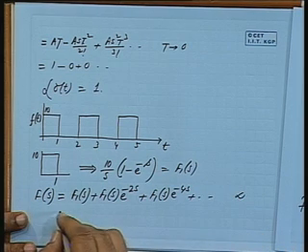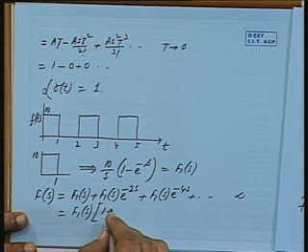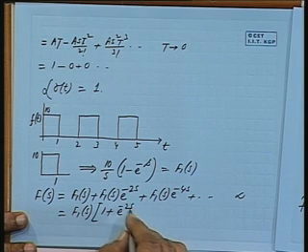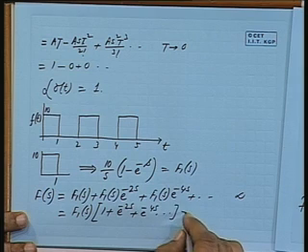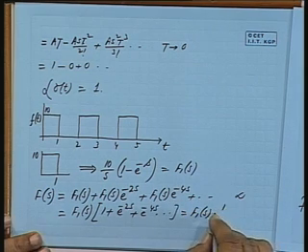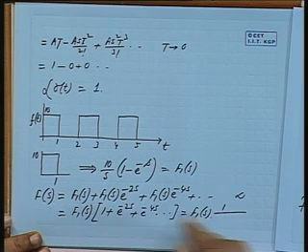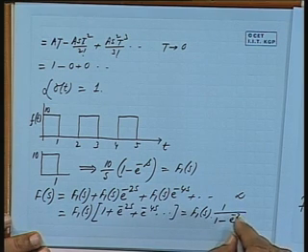Okay. So, if I take F1(s) common, it will be 1 plus e to the power minus 2 s plus e to the power minus 4 s and so on, which means F1(s) into, it is a geometric series, common ratio is e to the power minus 2 s. So, 1 over 1 minus e to the power minus 2 s.